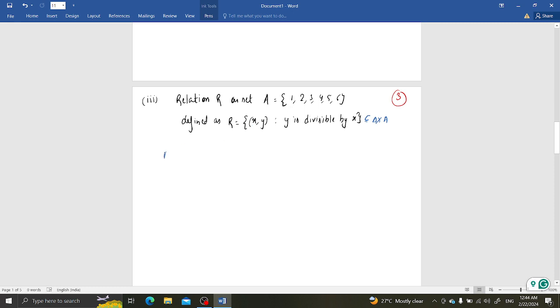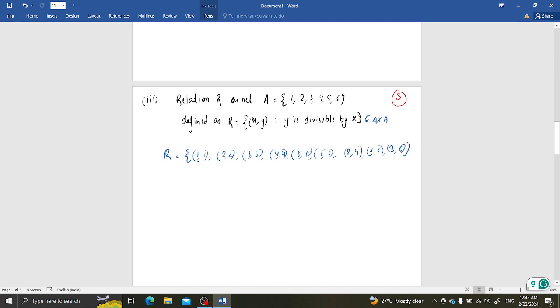So how R will come: R will be 1 comma 1 is there, 2 comma 2 is there, 3 comma 3, 4 comma 4, 5 comma 5, 6 comma 6 is there, and observe that 2 comma 4 is there, 2 comma 6 is there, and 3 comma 6 is also there.